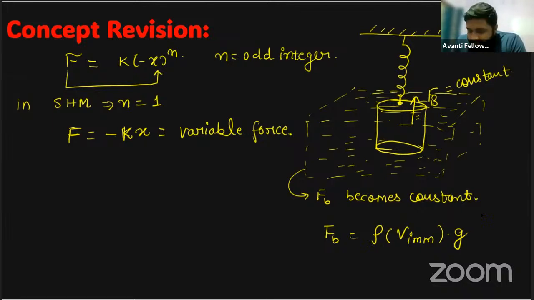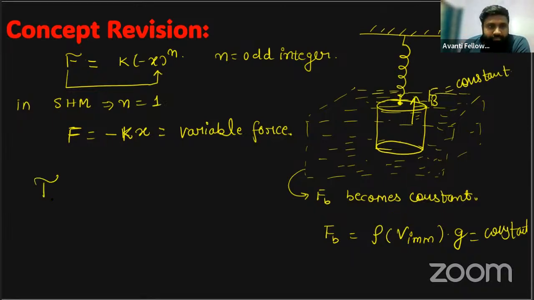So when this cylinder is completely inside the liquid, there is no change in the volume immersed. So that is why this FB now becomes constant. And if FB is constant, in the oscillation, it will not come into the expression.